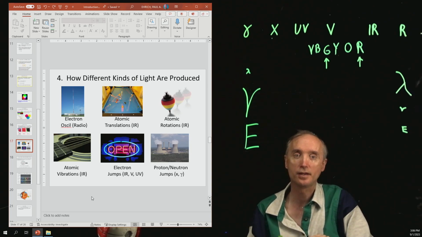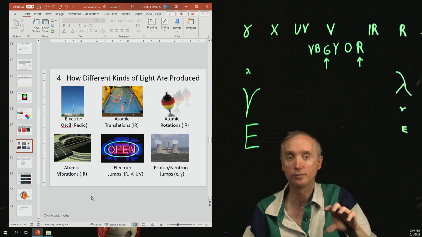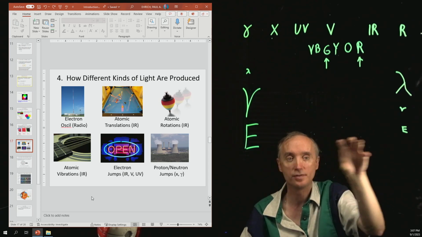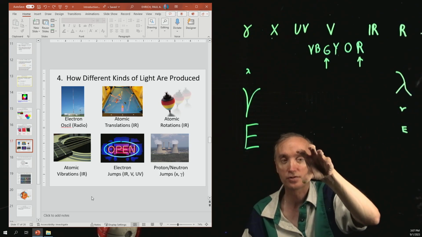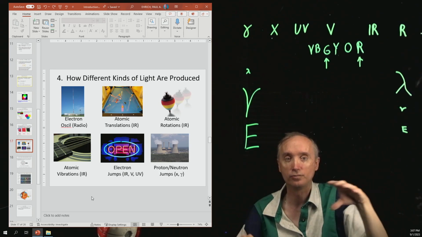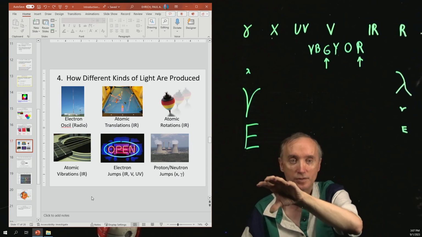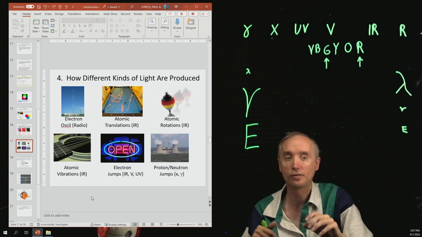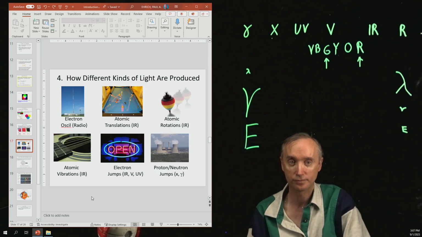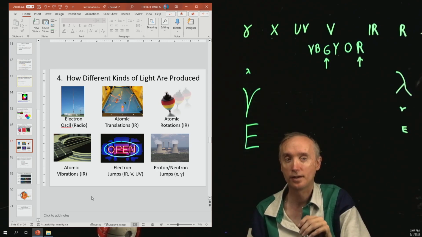Okay, then the next thing is, well, what happens when atoms are moving sideways and bumping into each other? As they are translating, which means moving sideways, they are going to be giving off infrared light. Another way that an atom can give off infrared light is by rotating.